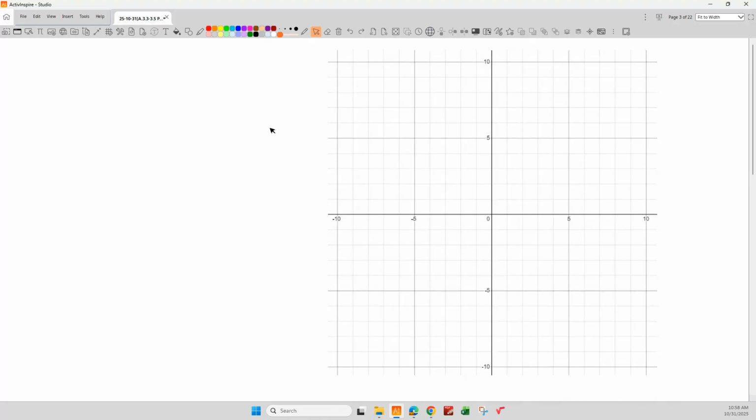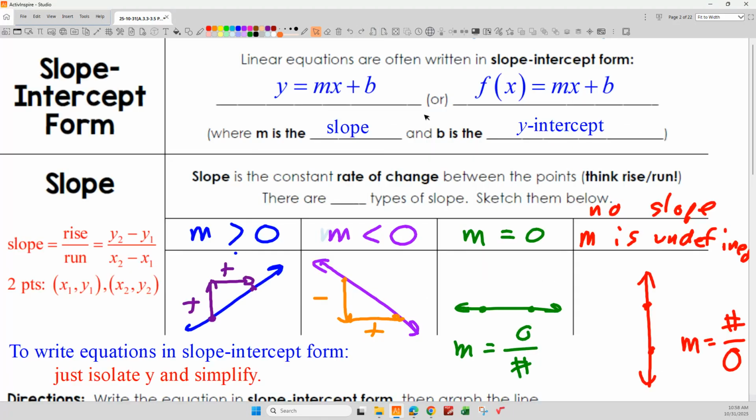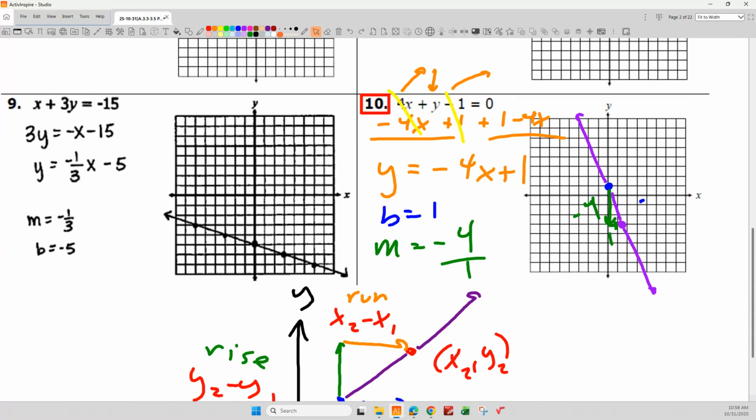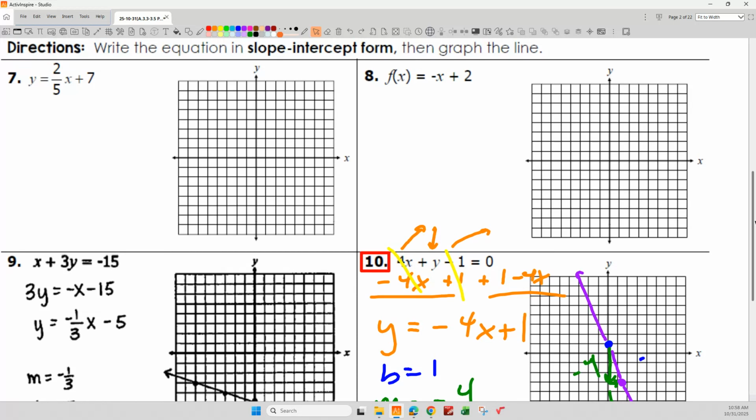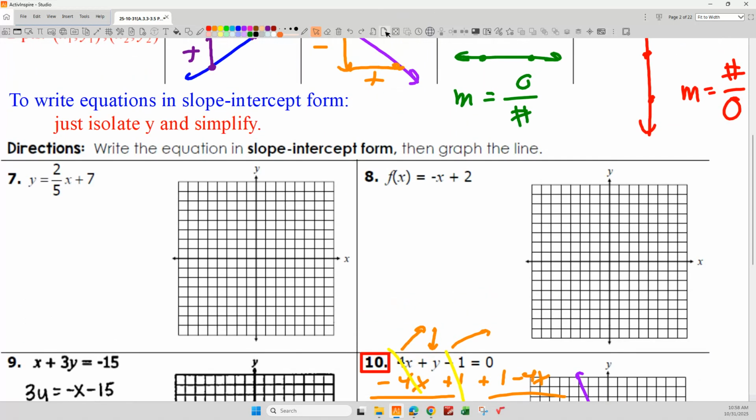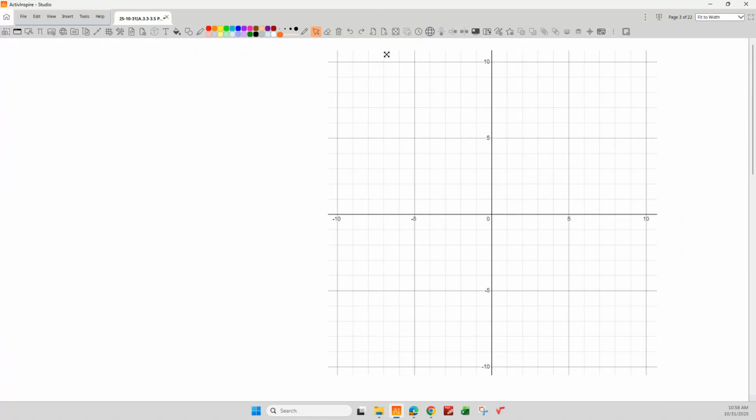Okay, so let's graph a line by putting it in slope-intercept form. So let's take this example. What do I do?